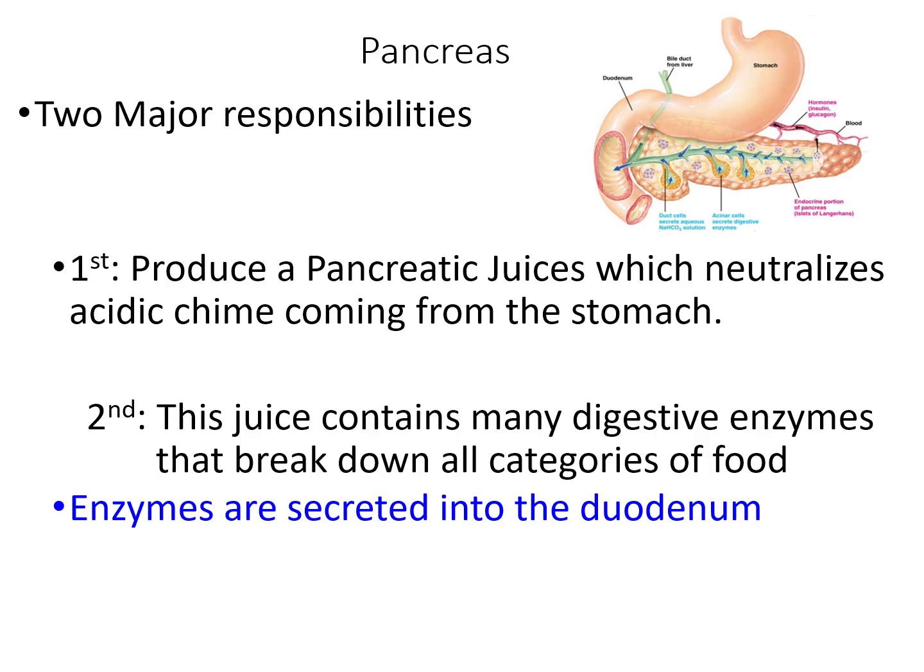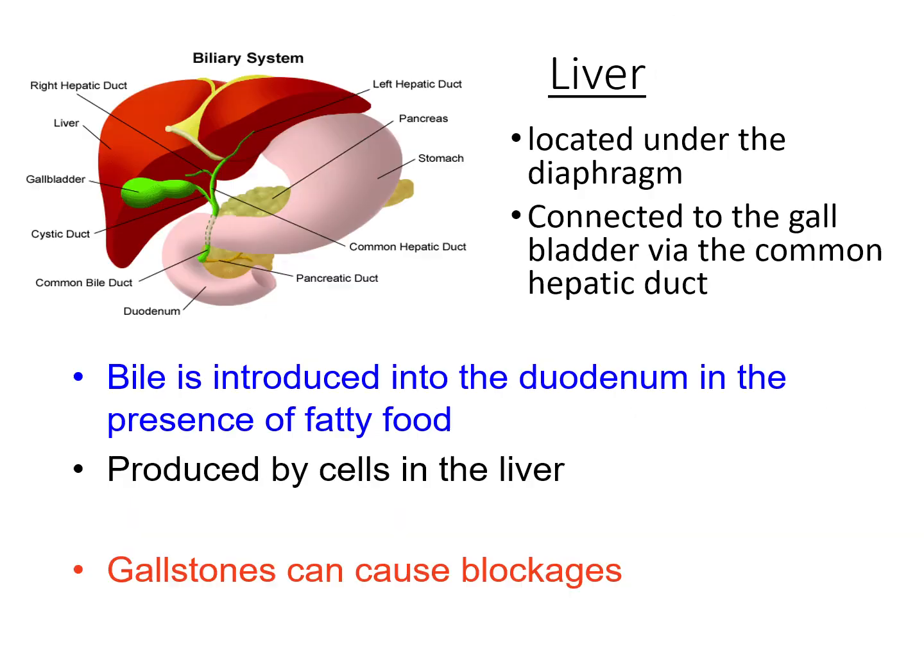Because if you remember from the table earlier, the pancreas secretes enzymes that break down carbohydrates, proteins, and even lipids. Now all of these enzymes are being secreted into the duodenum or the entrance segment of our small intestine.